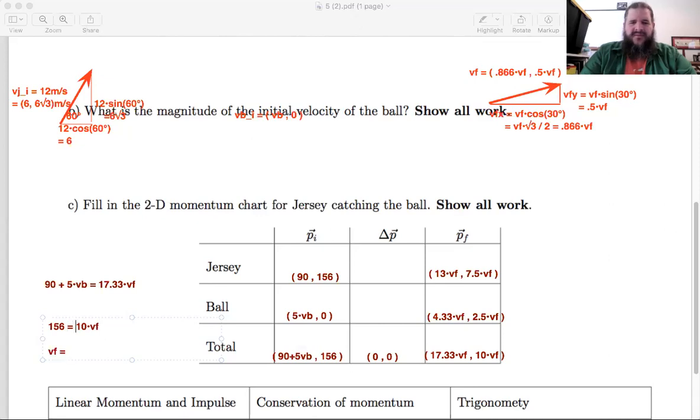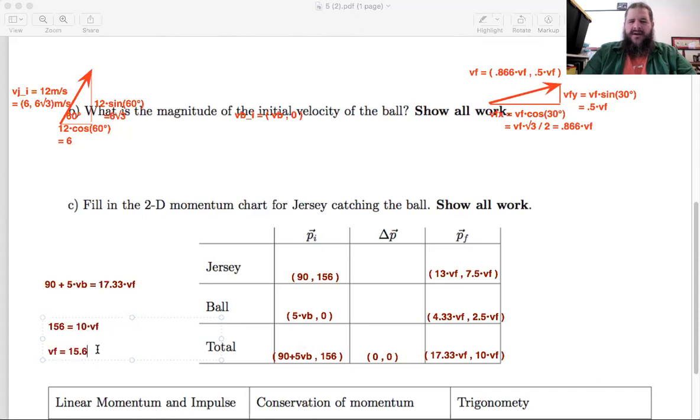If we want to isolate v final, we can just divide by 10, right? Divide both sides by 10, we get 15.6. So that actually tells us the final velocity of the system. Both the dog and the ball are moving together at 15.6 meters per second in the 30-degree direction.